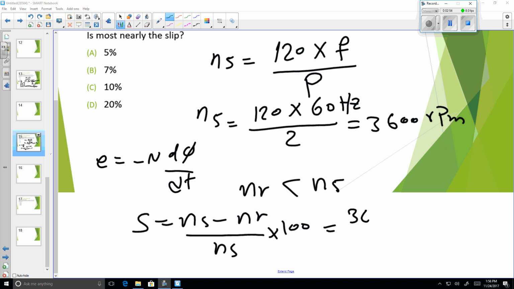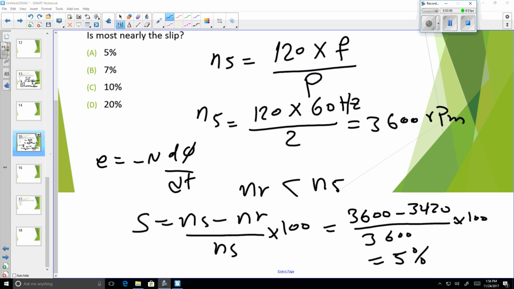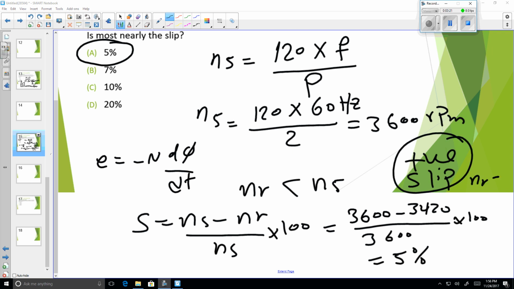So that's 3,600 minus the rotor speed, given as 3,420, divided by 3,600 times 100. That will be 5%, which is choice A here. Please keep in mind that when the induction machine operates as a motor, it always has a positive slip, which means NR is less than NS all the time.